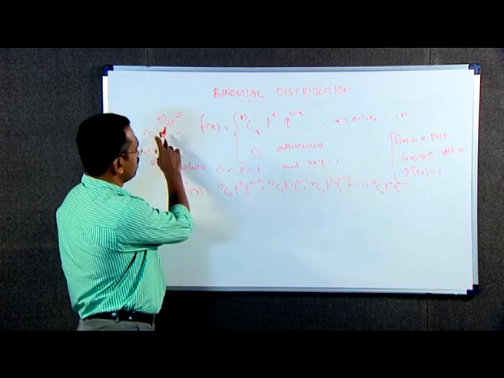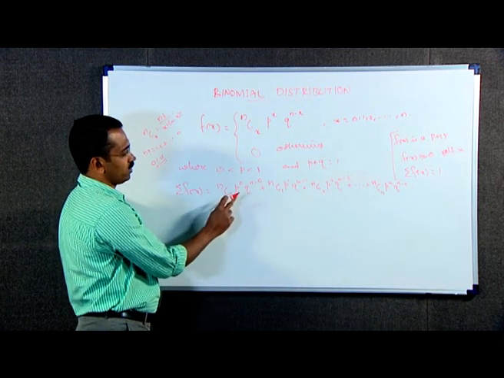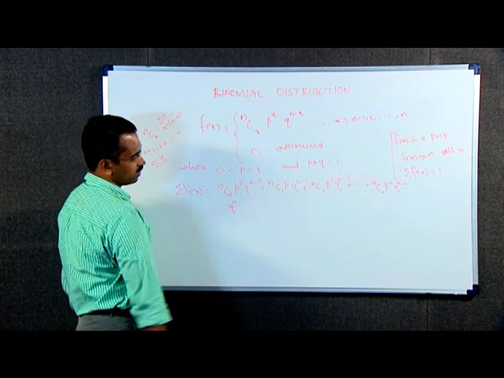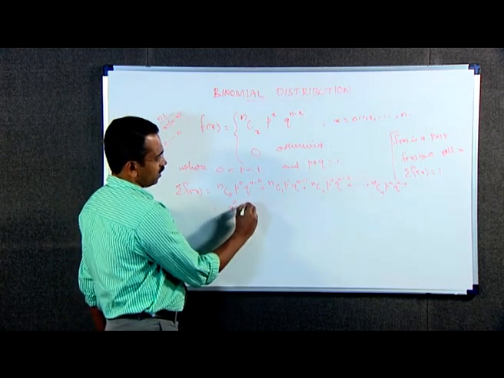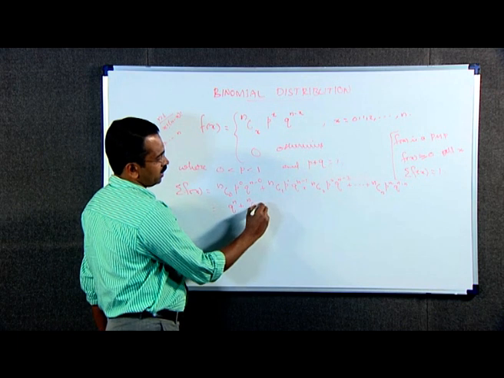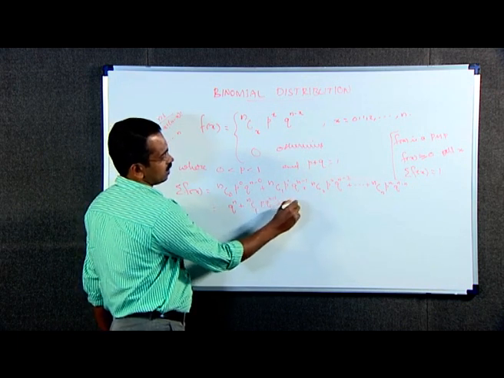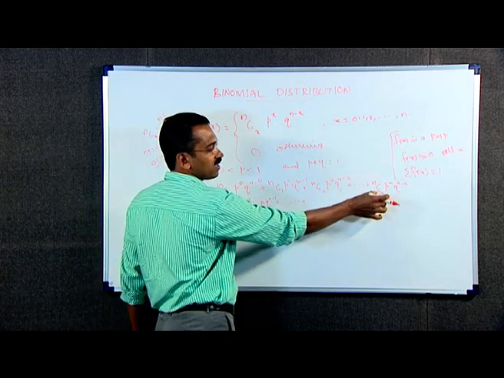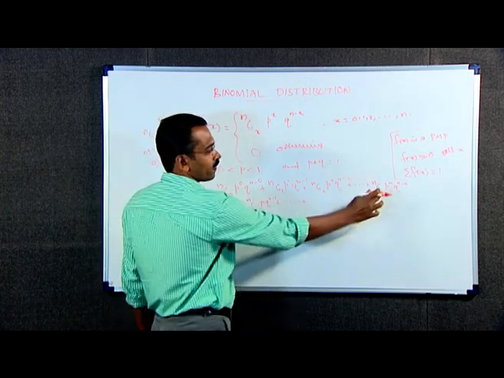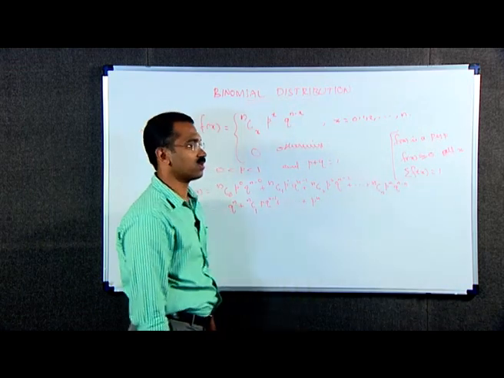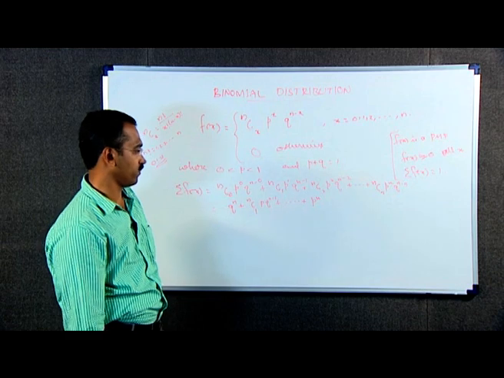Therefore, nC0 is equal to 1, p raised to 0 is 1, so the first term is q raised to n, plus nC1 p into q raised to n minus 1, plus etc., plus nCn is again 1, p raised to n into q raised to n minus n is q raised to 0, that is 1.